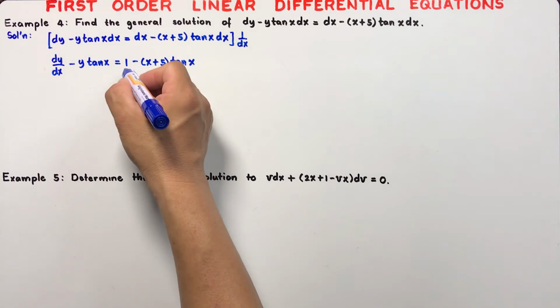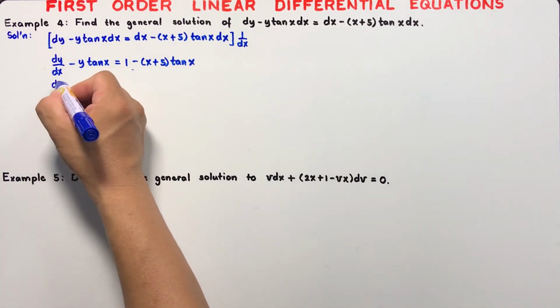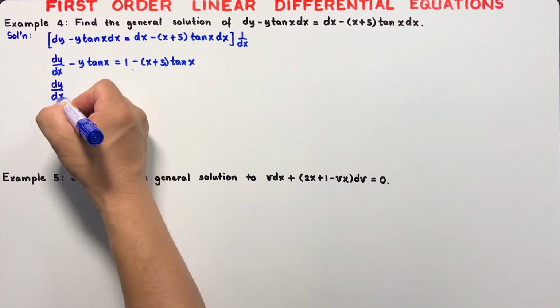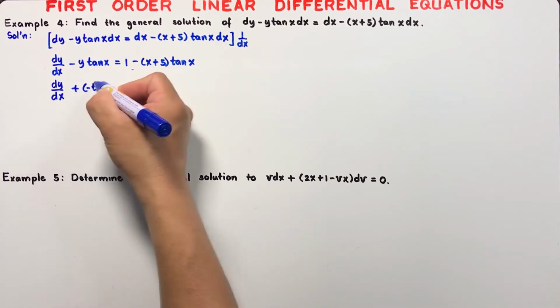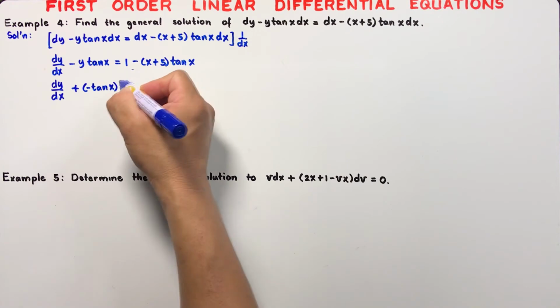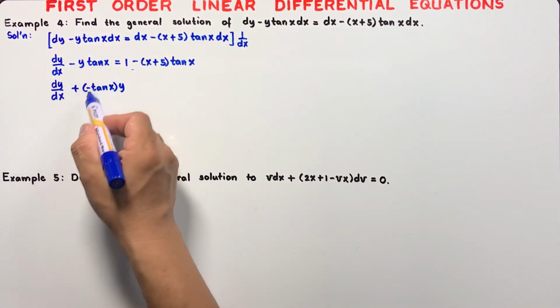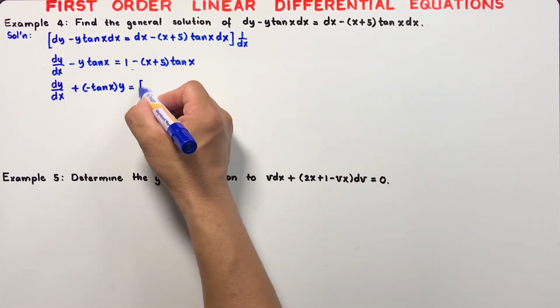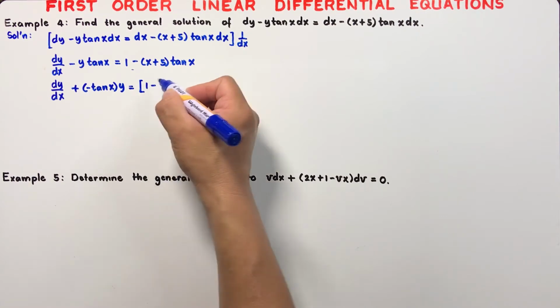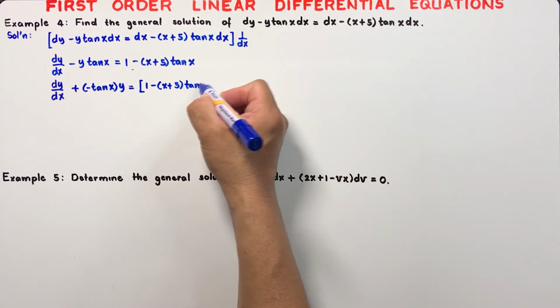And since we have already all the terms at the right which are in terms of x alone, we understand that our a of x is negative tangent x, because we can write this negative as the sign of tangent x, and this is equated to the whole function in terms of x, which is 1 minus the quantity of x plus 5 times tangent x.